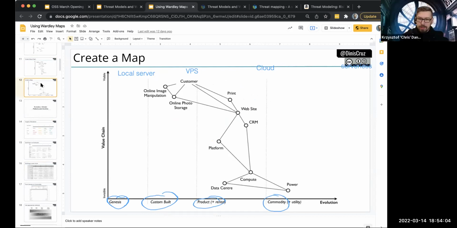Dinis, may I interrupt for a second? Yeah, sure. So with those four categories, what is also extremely important is that the commodity is very well defined and understood. It means it has the best security practices around it already built and explored. Whereas things on the left-hand side, Genesis and custom build, are highly unpredictable, and you cannot really prove them from anything because this stuff is too new and too untested out there in the market.